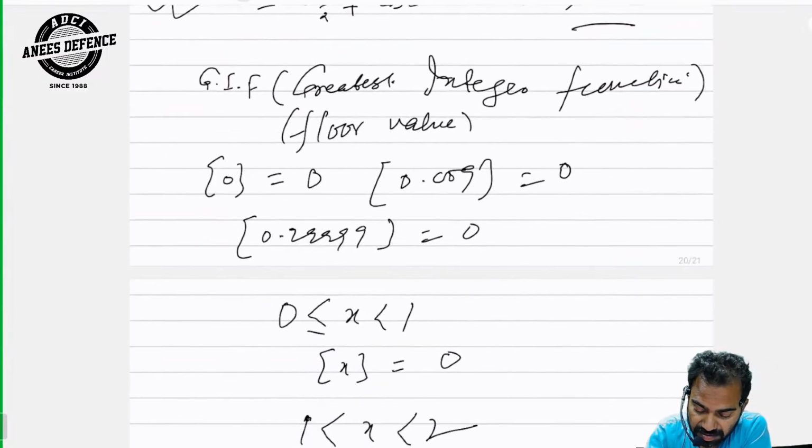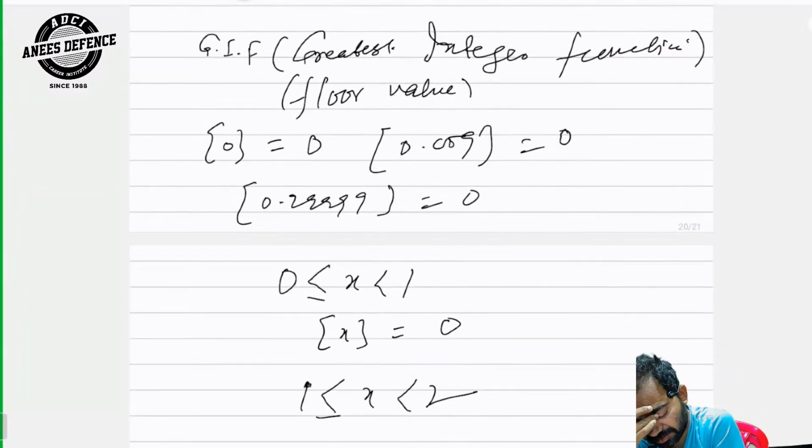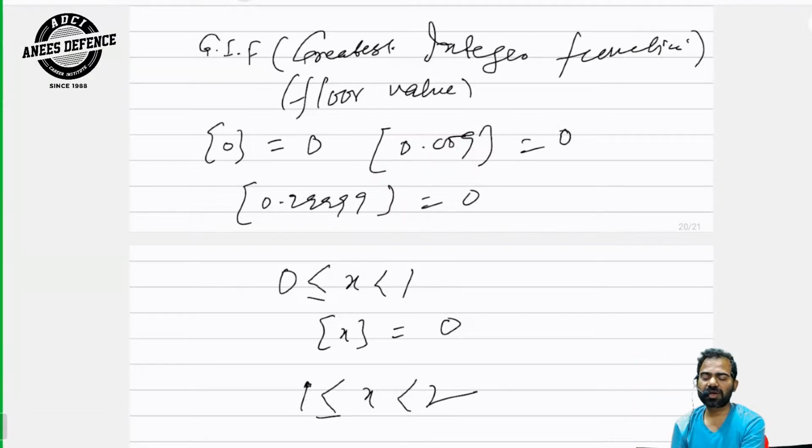So now write the theory behind greatest integer functions.